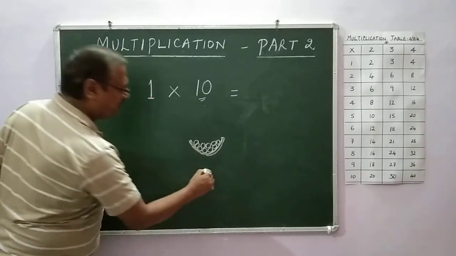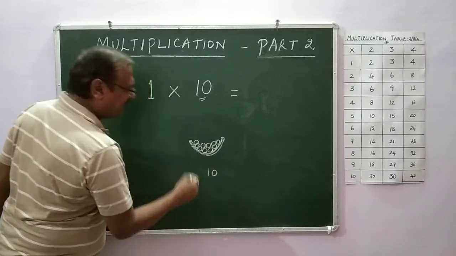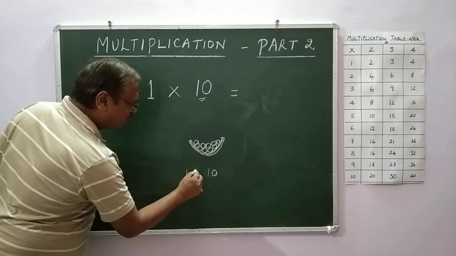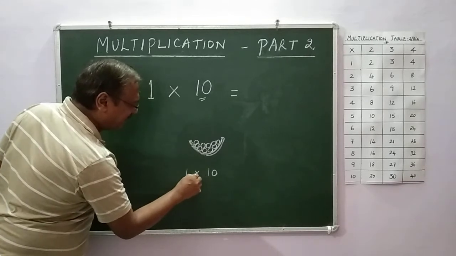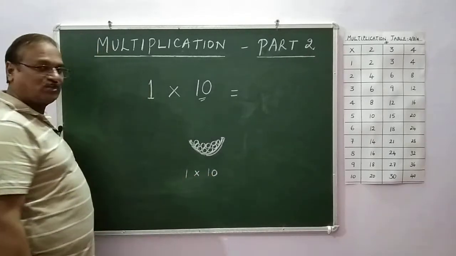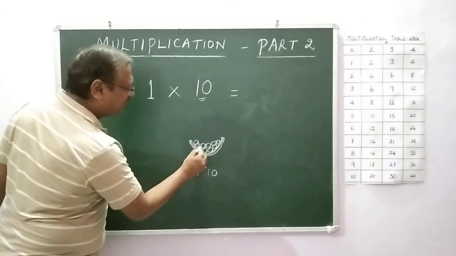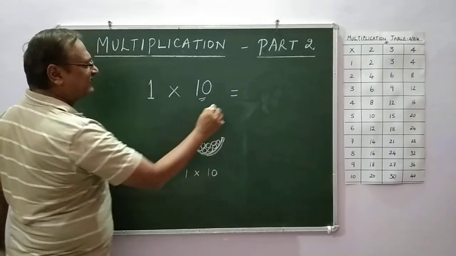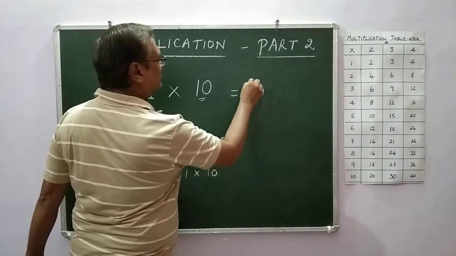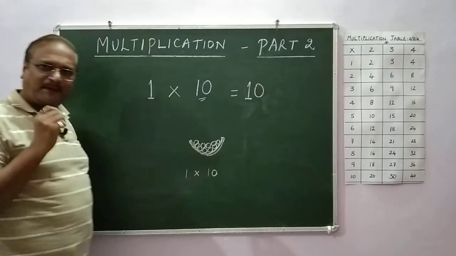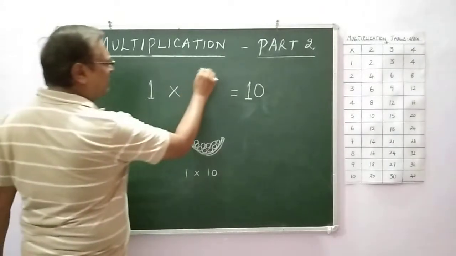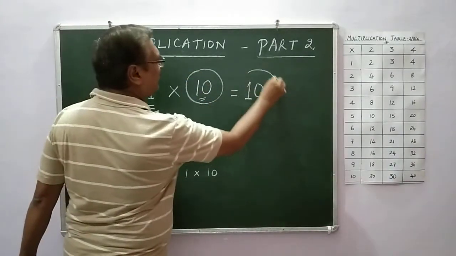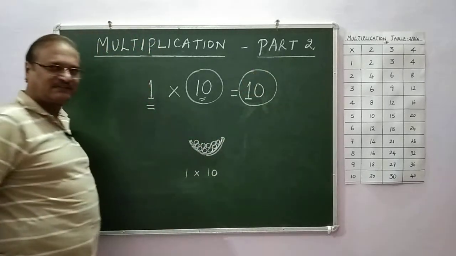And how many cups are there? 1 cup is there. So 1 multiplied by 10 laddus is how much? 1, 2, 3, 4, 5, 6, 7, 8, 9, 10. You have 10. So if you multiply any number with 1, you will get the same number.